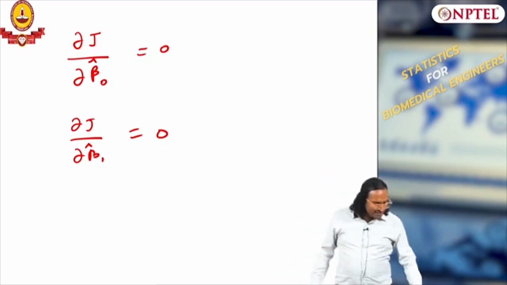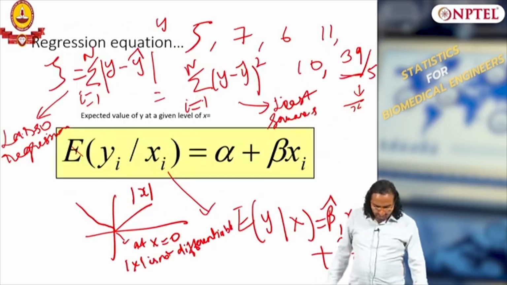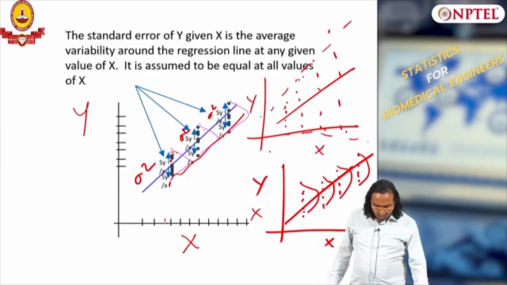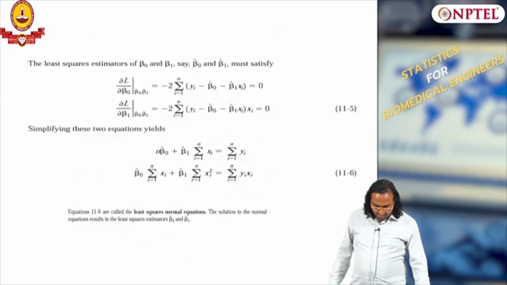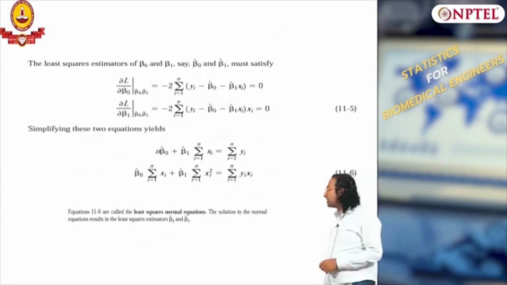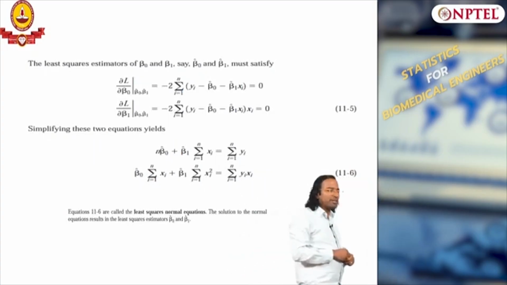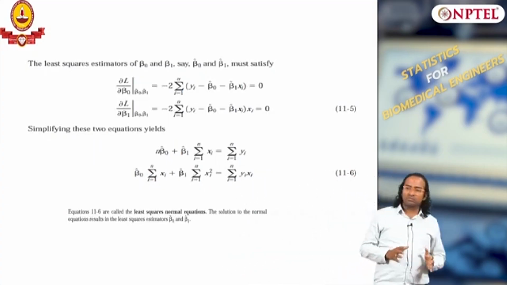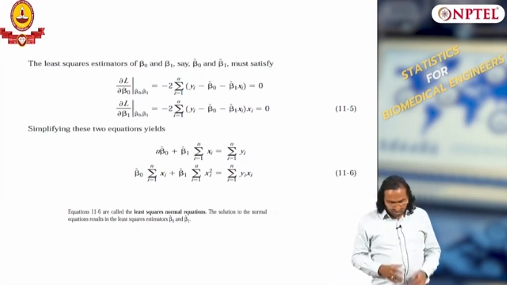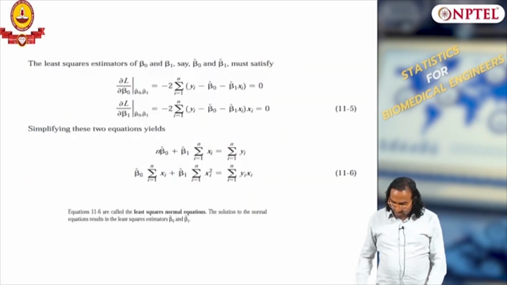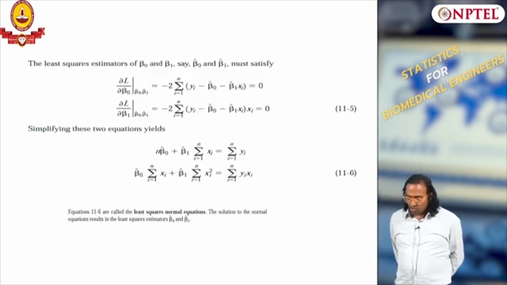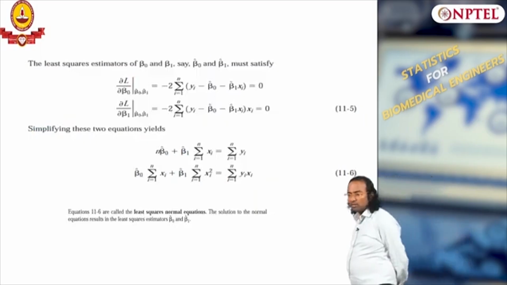So this will be straightforward. You just need to take the loss function or cost function and differentiate it, and you get 2 equations in 2 unknowns. This is the same thing I have written. You should be able to solve it.